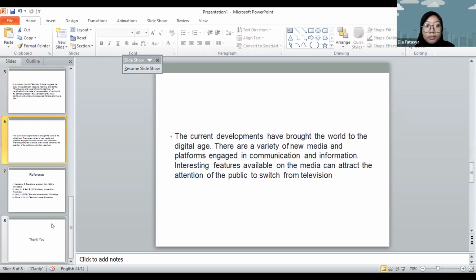Current developments have brought the world to the digital age. There are a variety of new media and platforms engaged in communication and information. Interesting features available on the media can attract the attention of the public to switch from television.